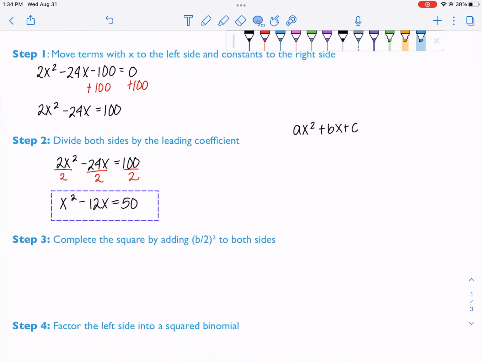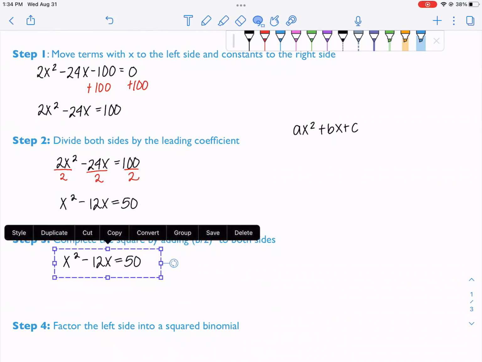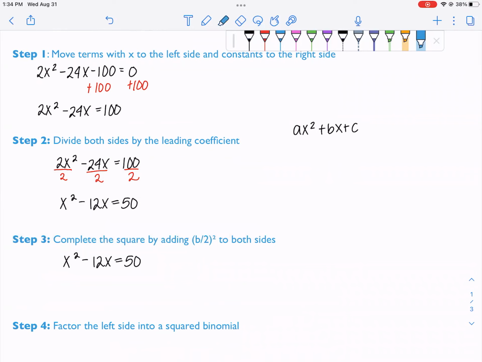So I'm taking this negative 12, dividing it in half and squaring it. Negative 12 divided by 2 is negative 6. Negative 6 squared is 36.